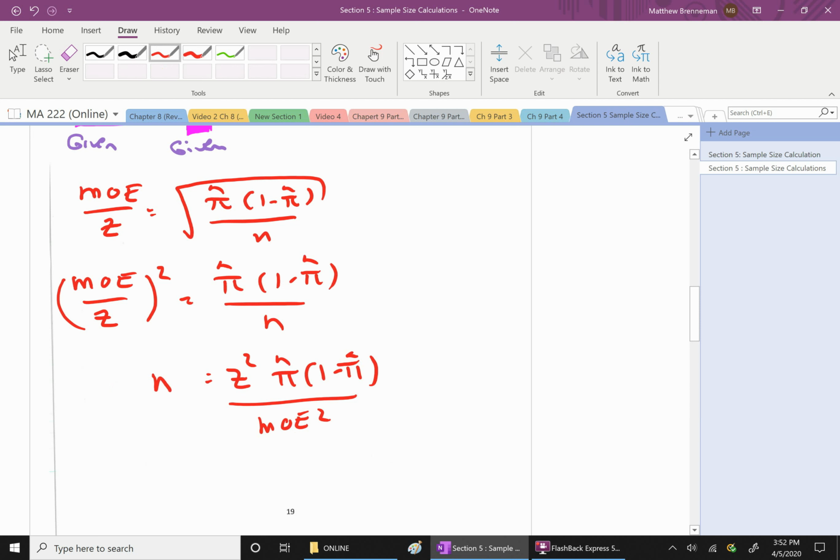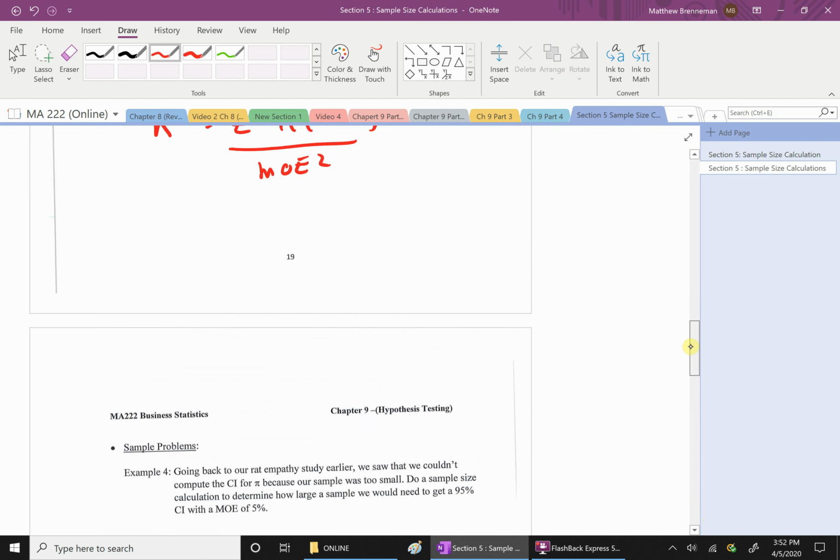Now I have a small problem. I know the z-score from the confidence level, and I know the margin of error because you've told me how precise you want the estimator, but I don't know pi hat. Remember, the sample size calculation is done before we ever collect the sample. So what should I use for pi hat? Well, I'm going to be conservative.